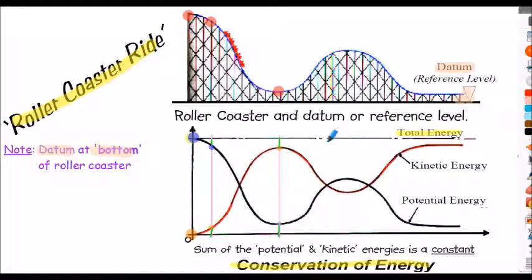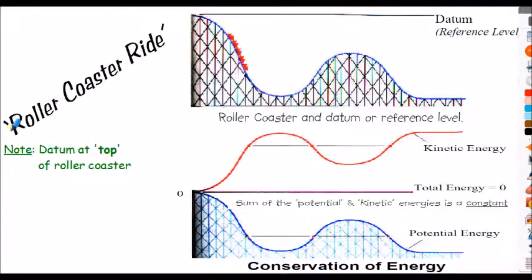Obviously, the roller coaster ride eventually comes to a stop because we have frictional effects, aerodynamic drag, frictional effects with the bearings, braking effects, which causes heat and sound energy to occur. So eventually the roller coaster ride does come to a stop, but we can still account for all the energy transfers in the system. The total energy we start with is the total energy we end up with. It's just that it transfers into different forms.